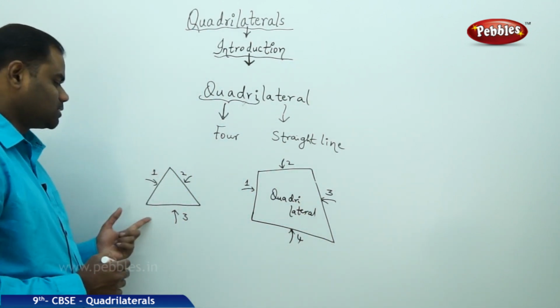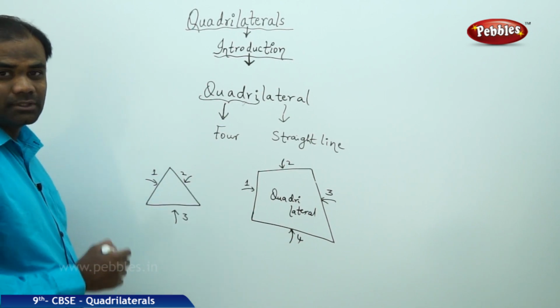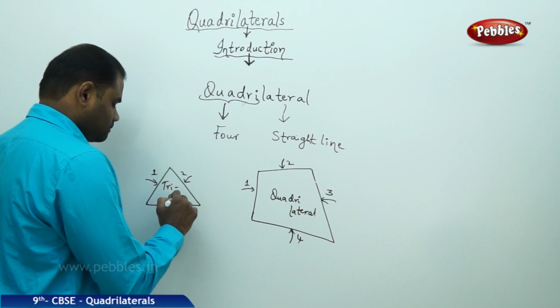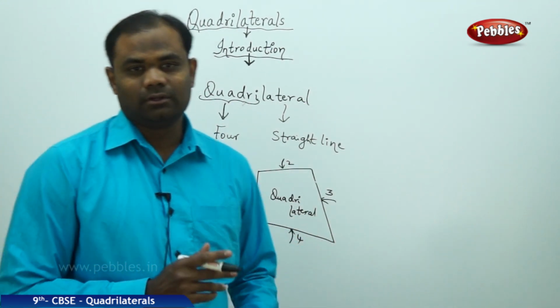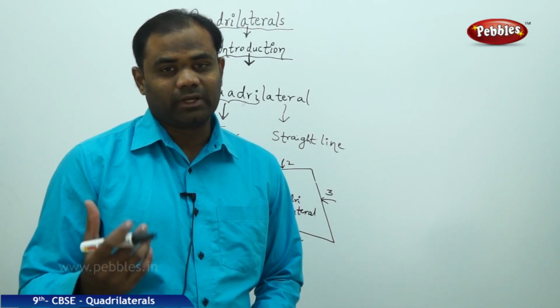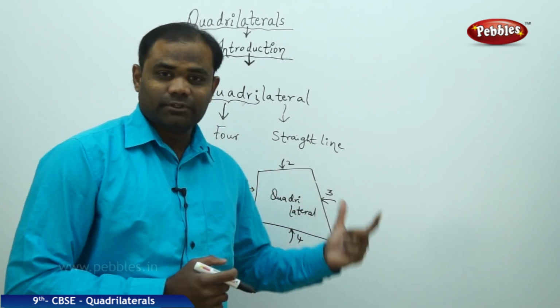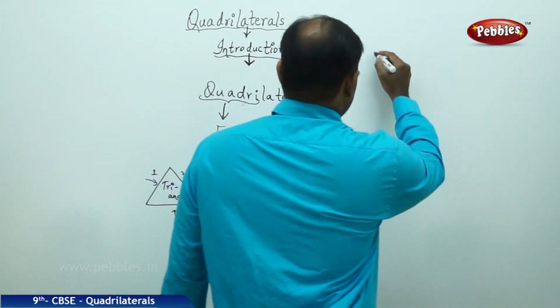And of course, this formed by three lines as a closed region is called a triangle. Triangle and quadrilateral are named through the number of sides or straight lines which join to form a closed figure.